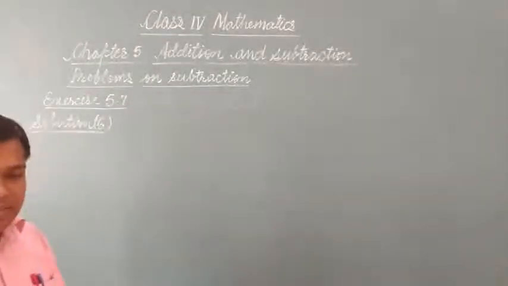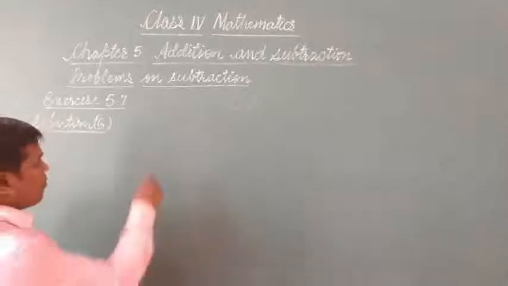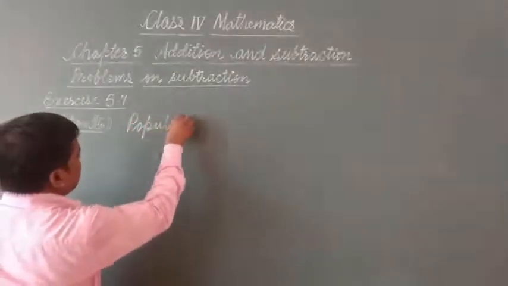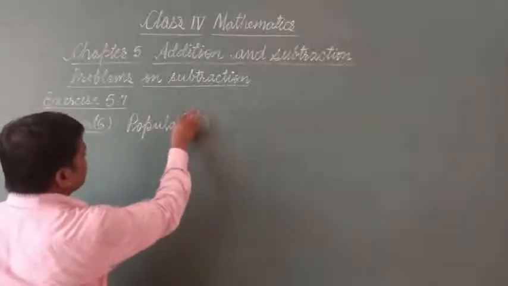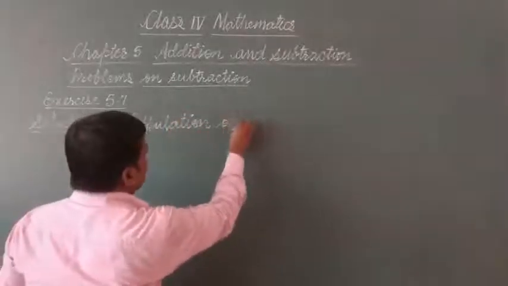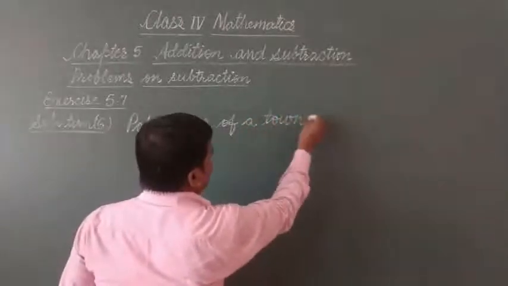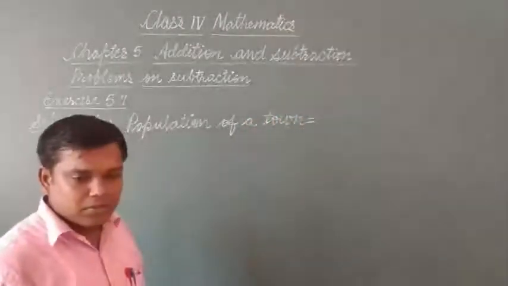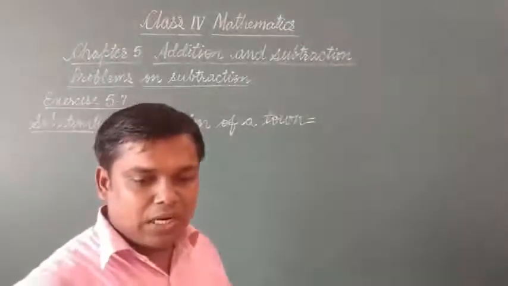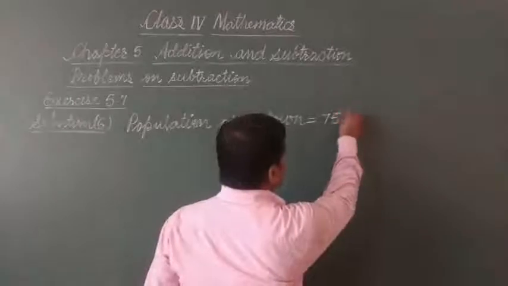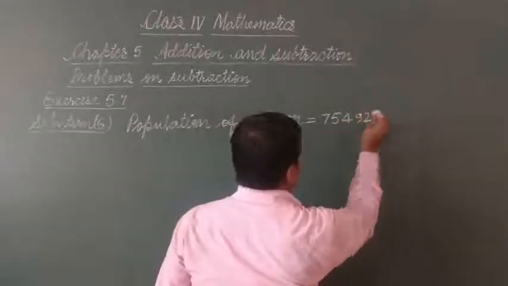Question number 6 is given. Population of a town is equal to 75,492.